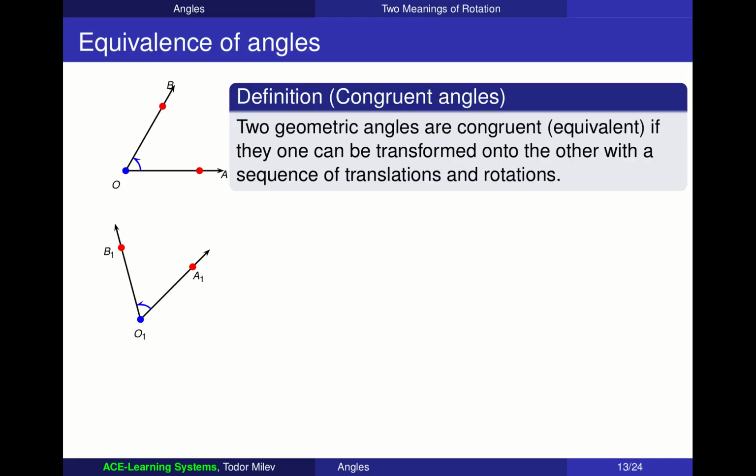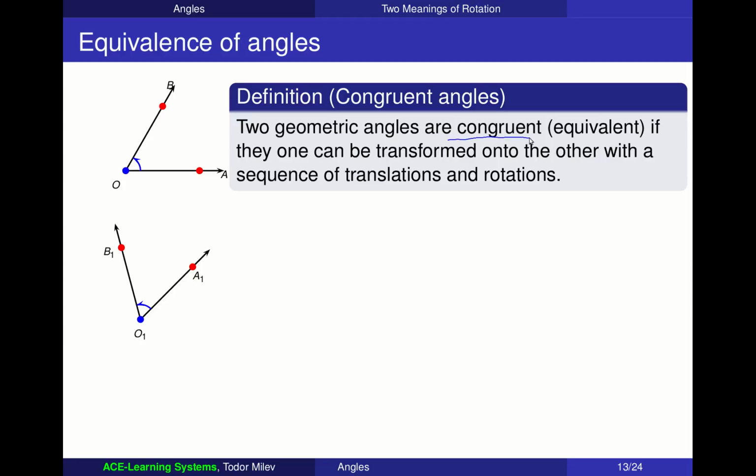Because angle measures are numbers, and two numbers can be equal without you having the exact same configuration of a point and two rays. So to avoid the ambiguity of whether two angles that have the same measure are actually equal or not, we're going to introduce the term congruent.